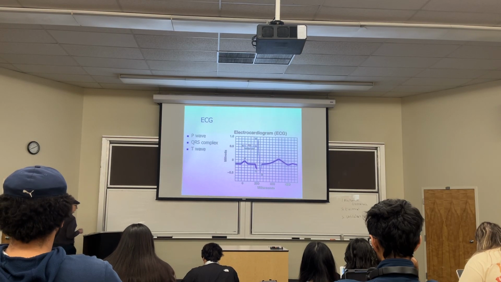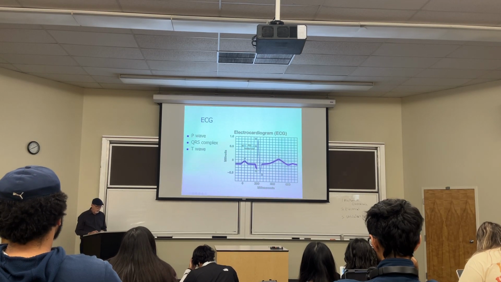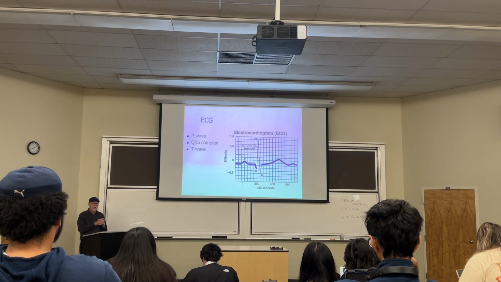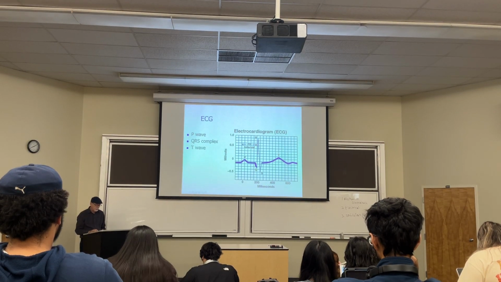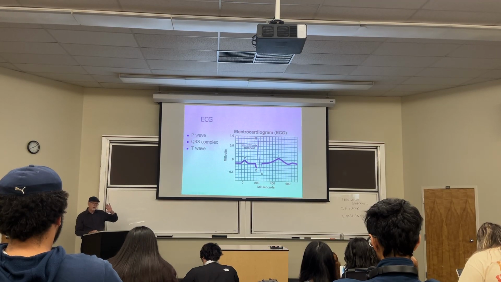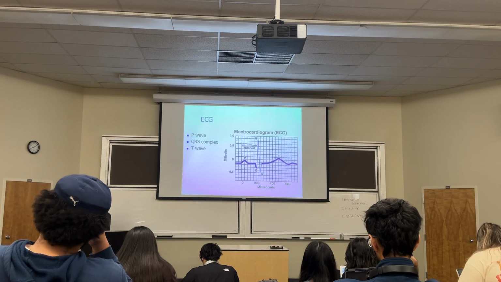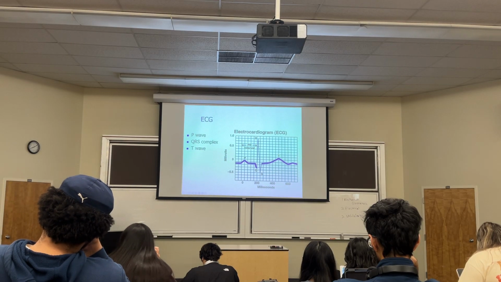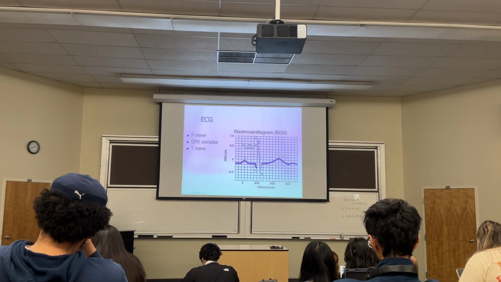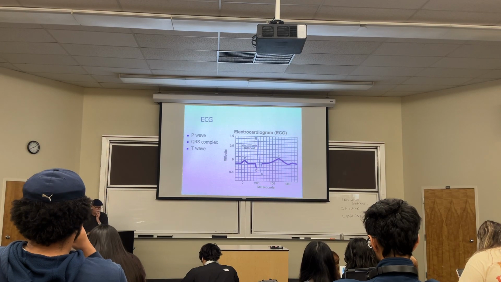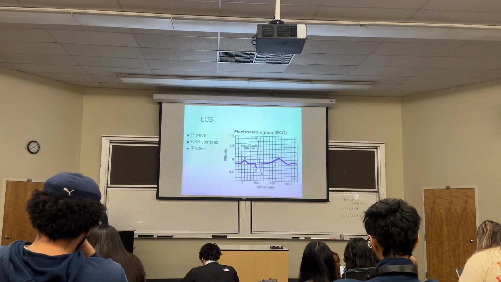Now, we're supposed to have a one P wave to one R wave ratio. The atria depolarize and contract, the ventricles depolarize and contract. If you have the atria depolarizing twice or three times before your R wave has a chance, your conduction is so slow that you have 2 or 3 P waves before you get to an R wave, that's a second degree block. If it's totally independent of each other, that's a third degree block.